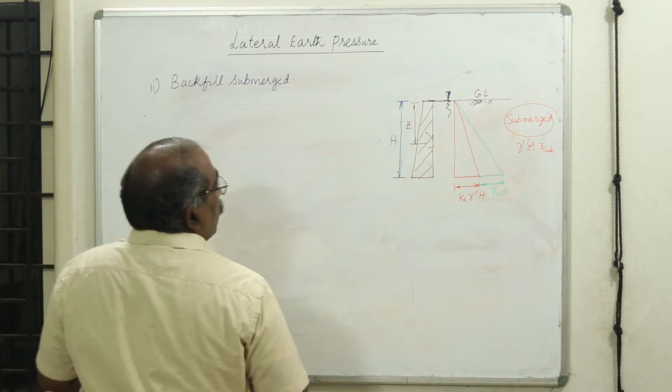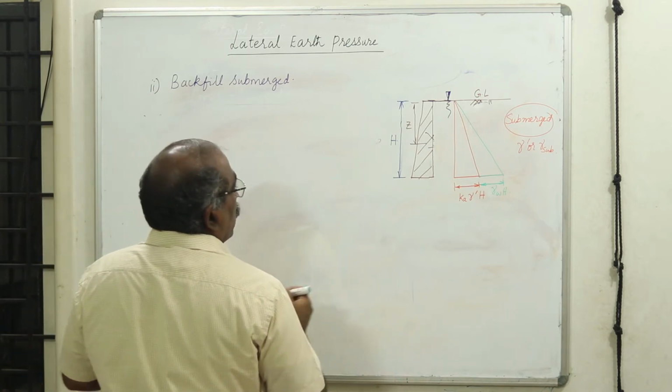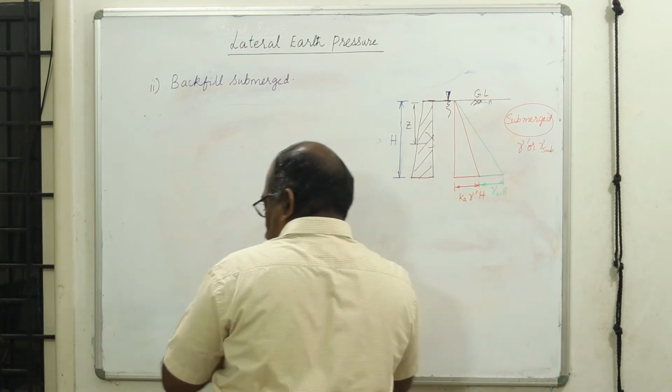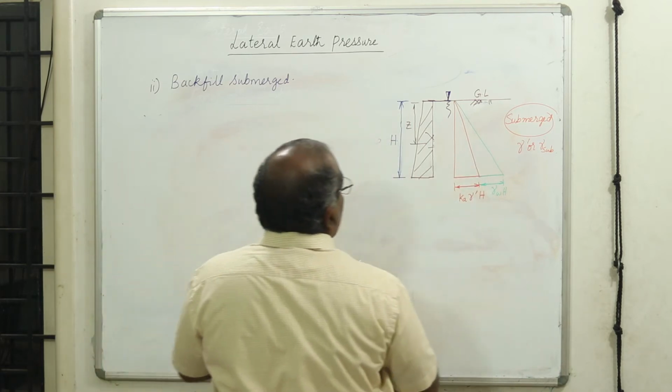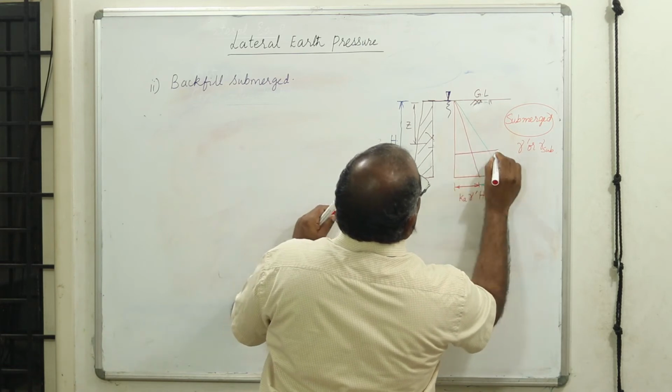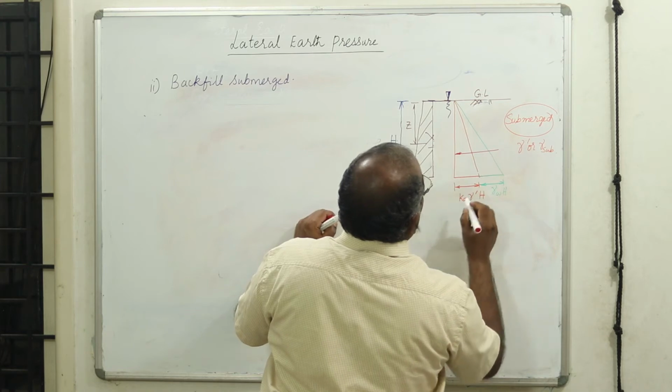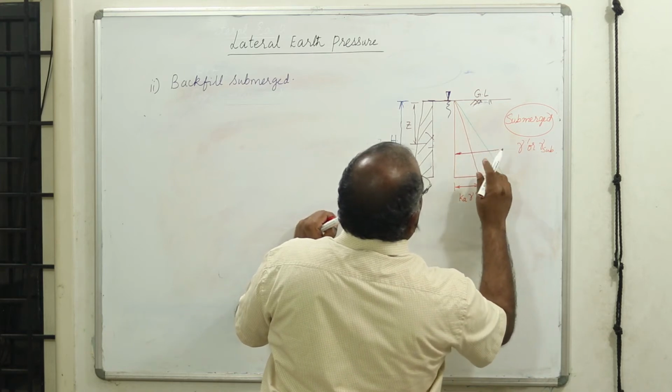Now, what is the total thrust? When I want to find out the total thrust, I will have a thrust because of the soil plus the water pressure. Therefore, I have to take the area of the pressure distribution diagram.